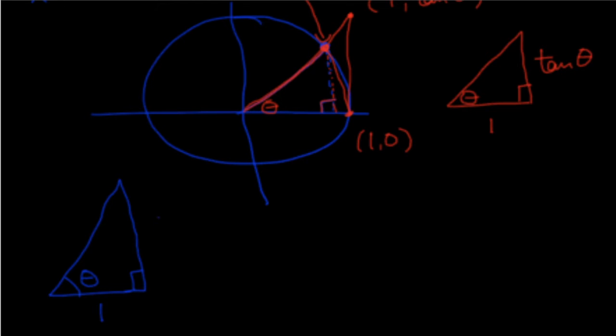And we said the height is tangent theta. Then we're going to be looking at the part of the sector that is basically part of the triangle and the unit circle. So it's going to look something like this. I'm going to highlight it, it's basically this part right here.